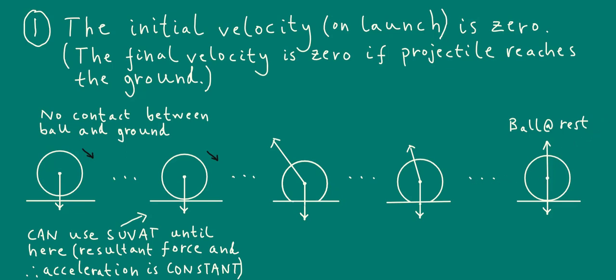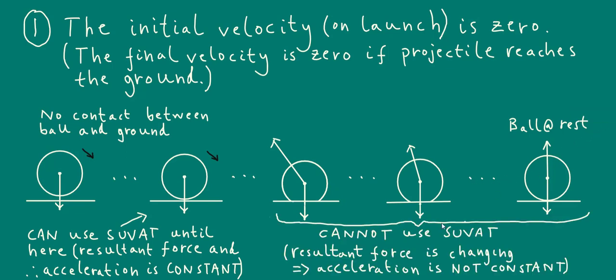And what this means, of course, is that we cannot use the SUVAT equations, because if the resultant force is changing, that means that the acceleration the ball is experiencing is not constant. And that's why we can't use a final velocity of 0 in the SUVAT equations, despite the fact that, literally speaking, the ball does come to a rest eventually.